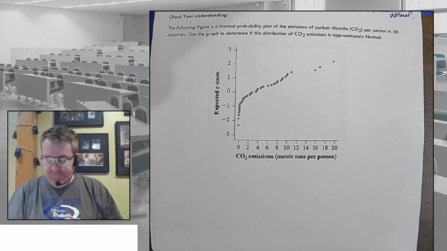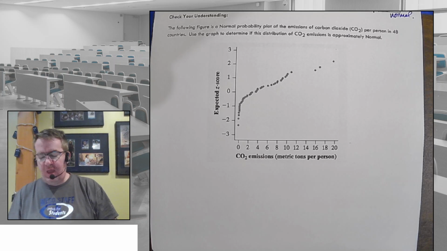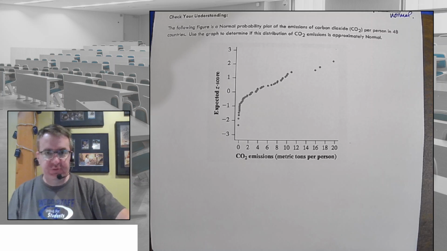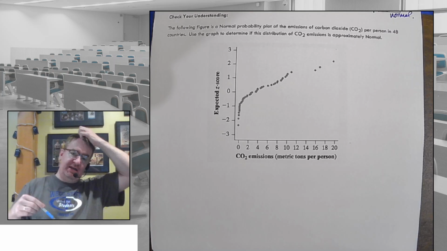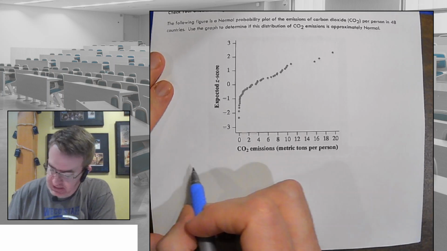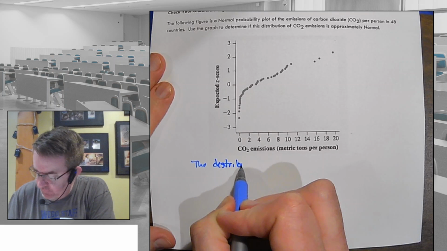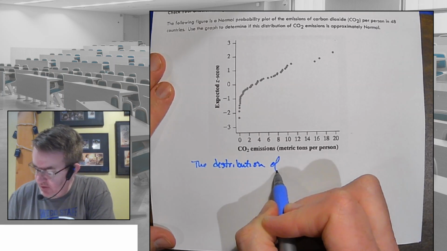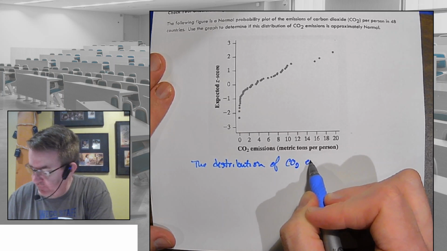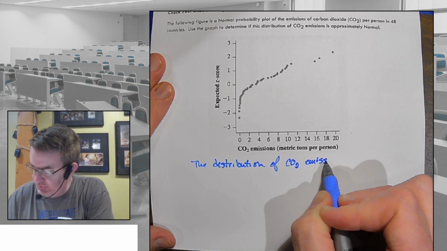All right, so a couple of things. Obviously, it's not linear. So since it's not linear, we can't say it is approximately normal. So what we'll say here is this. The distribution of CO2 emissions. I always want to put 2 M's in there.